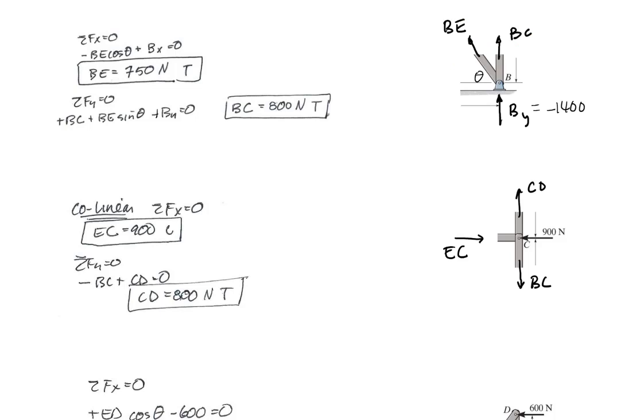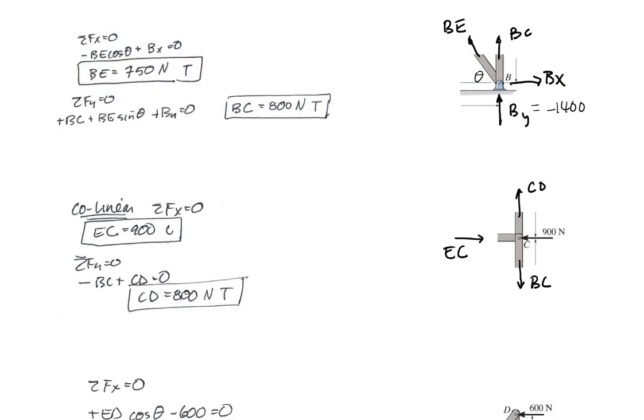All right, let's sum the forces in the x direction. Beg your pardon, I have another force to draw here. There is a BX, which I've already solved for as well. Sum the forces in the x direction: I have BE cosine theta going in that direction, BX going in this direction. I know the value of BX, therefore I can find BE.